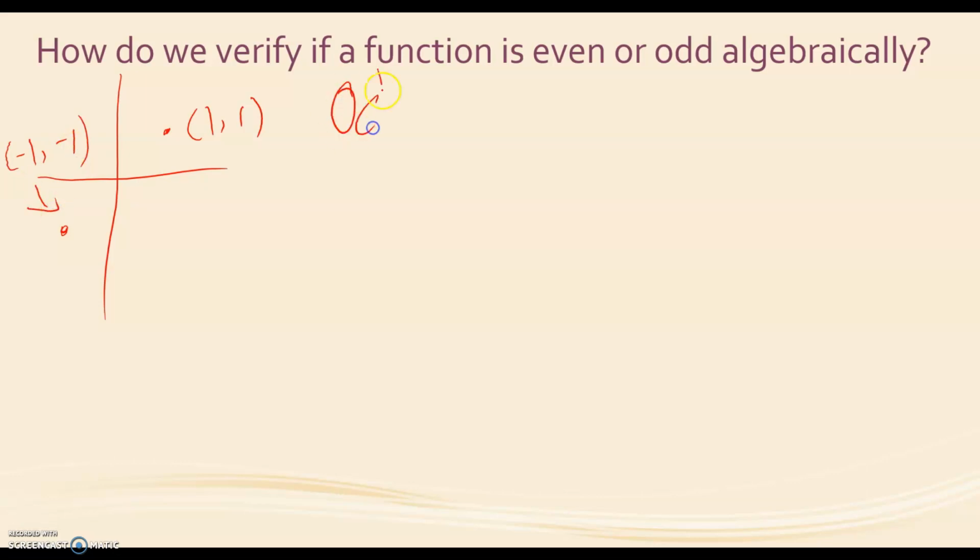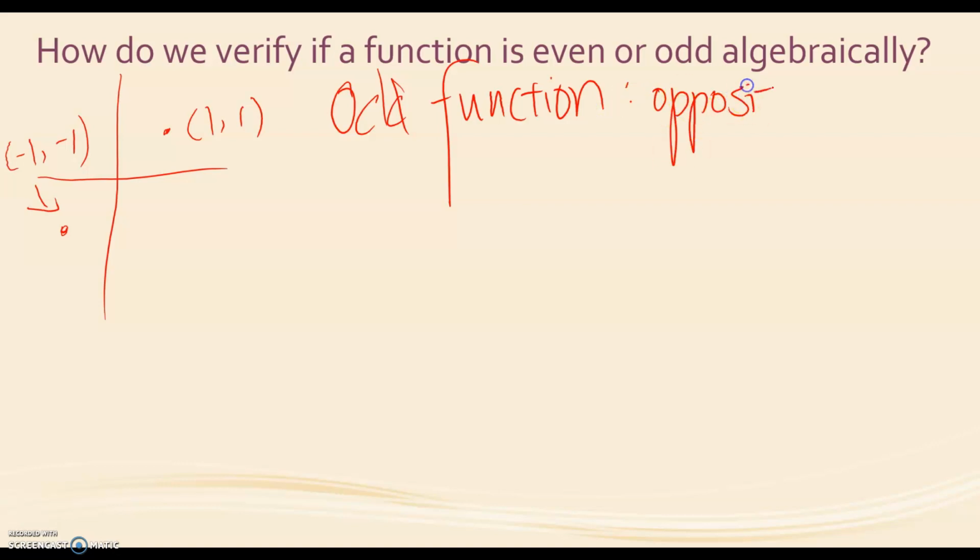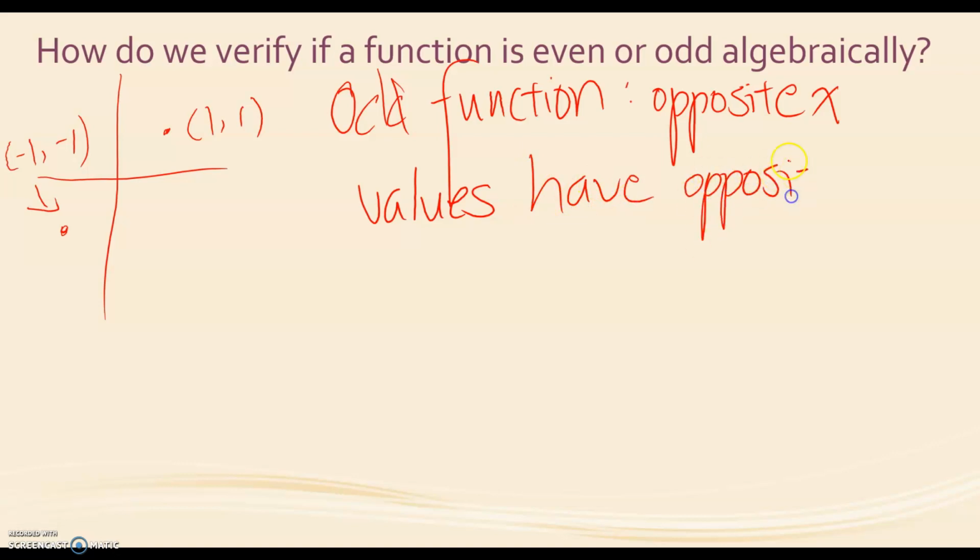We notice in the odd function, opposite x values, well, obviously they don't have the same y value because then they would be even. But what do we know about the sign of the y values? It seems like opposite x values have opposite y values because the opposite of 1 is -1.